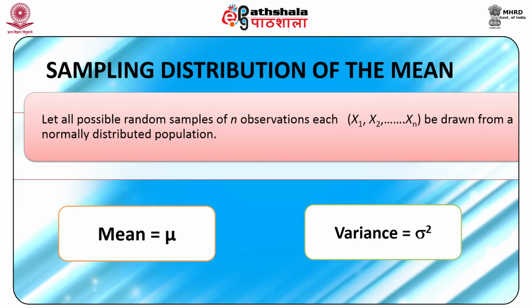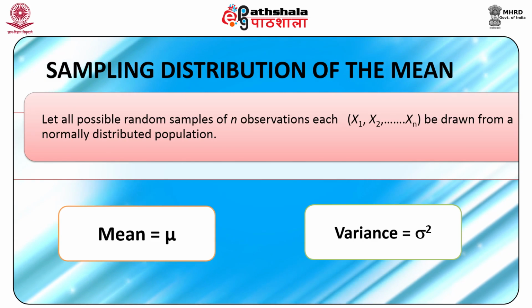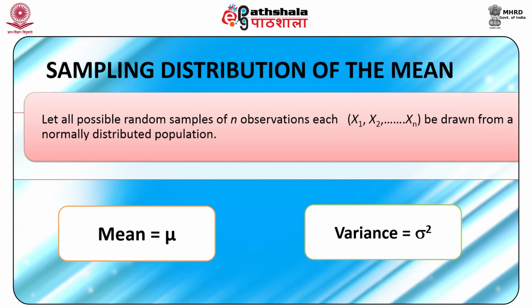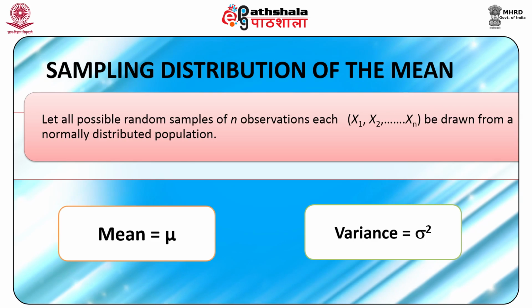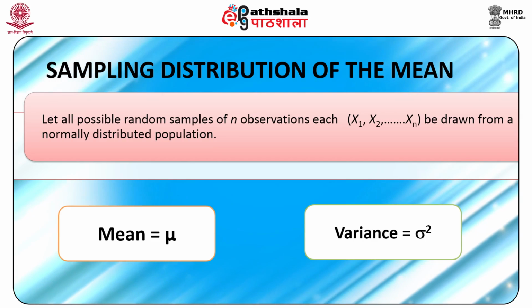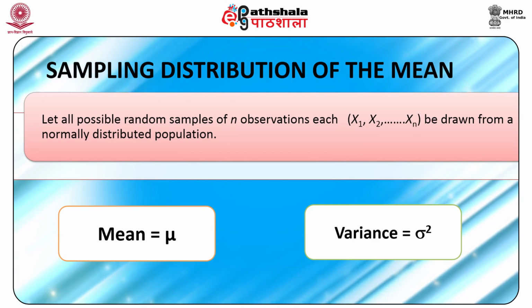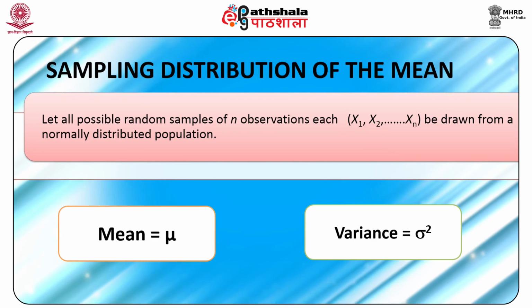The mean of the population is mu and variance is sigma square. Now consider any one of the possible samples. Each sample unit has an equal chance of being one of the population units, since each population unit has an equal chance of being selected. Each sample unit therefore has the same distribution as the population.